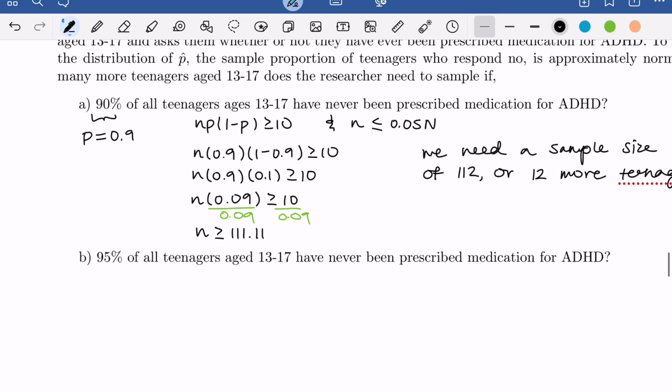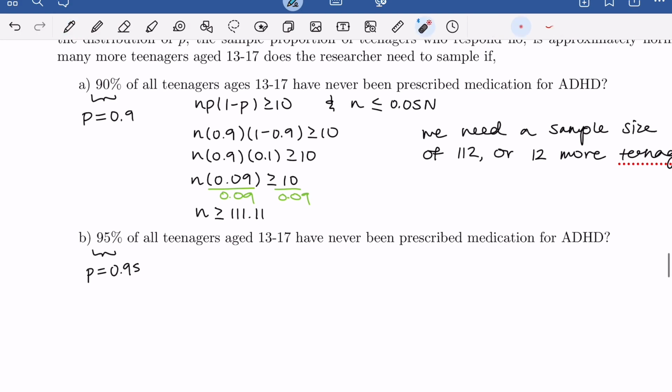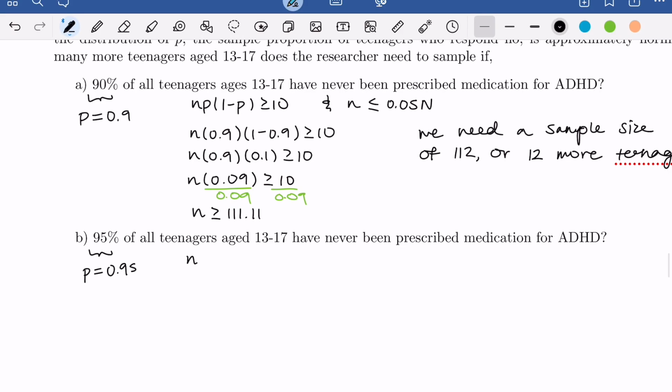All right. And then for part B, in this case, p is given by 0.95. So we're going to do the same thing here. We want to make sure that this inequality is satisfied. So we want to make sure that n times p, which is 0.95 in this case, times 1 minus 0.95 is greater than or equal to 10.